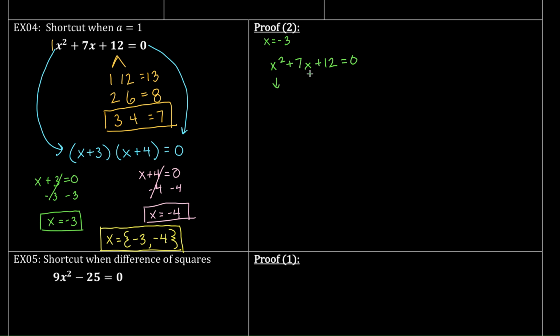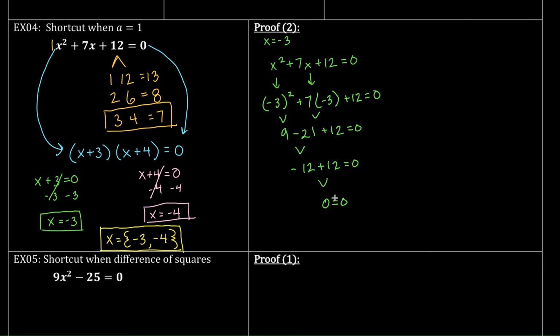So I'm going to put the negative 3 for x. And I get negative 3 times negative 3 is 9. Positive times negative is negative 21. 9 minus 21 is negative 12. And negative 12 plus 12 is in fact 0.